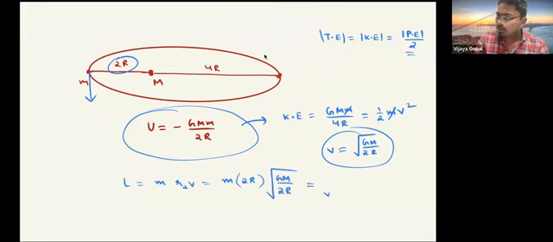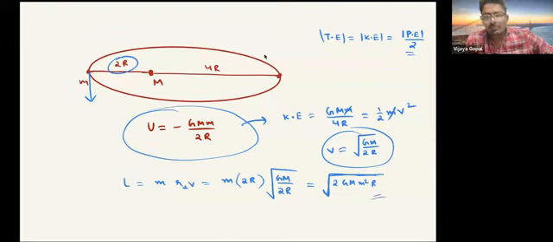Taking it inside, you get 2 G M m square r under the root. So first I found the potential energy, from it the kinetic energy, from that the velocity, and from velocity the angular momentum.